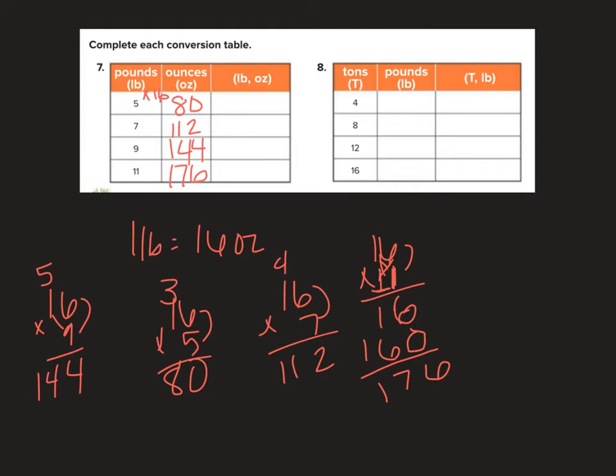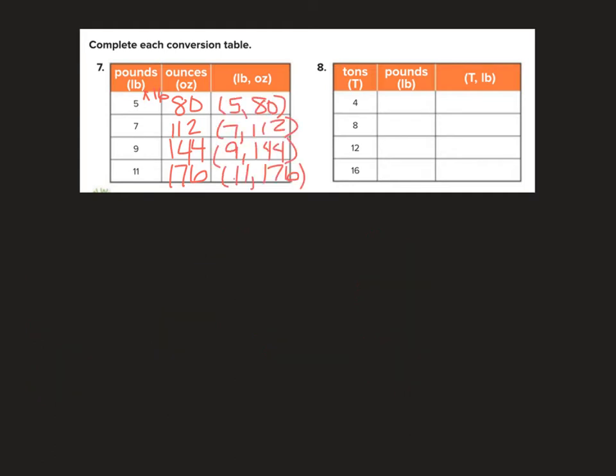Okay, now I need to put in my ordered pairs. Okay, let's do the next set here. Here we're doing tons to pounds. 1 ton equals 2,000 pounds.